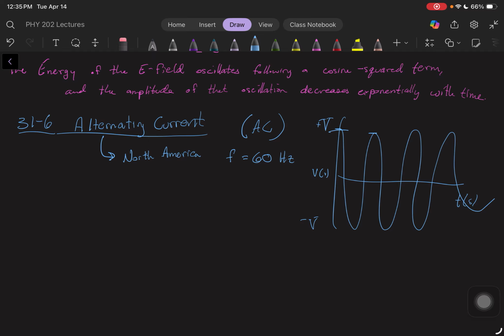Or you could say it flips every 120th of a second, because it has to flip twice to do a full oscillation.